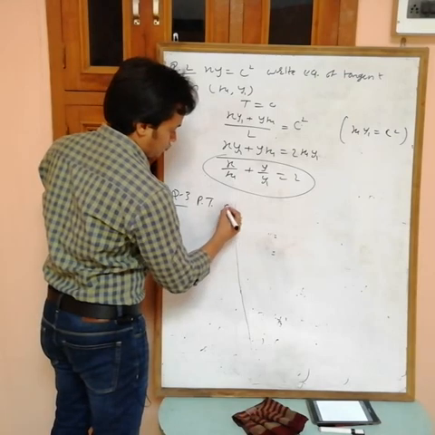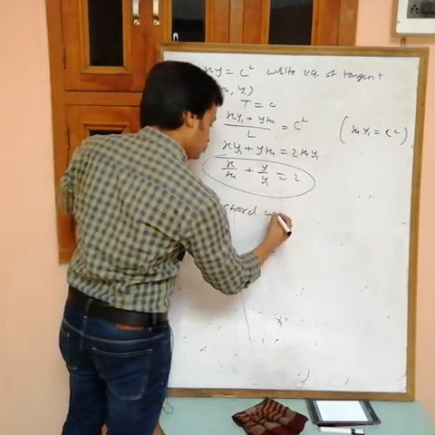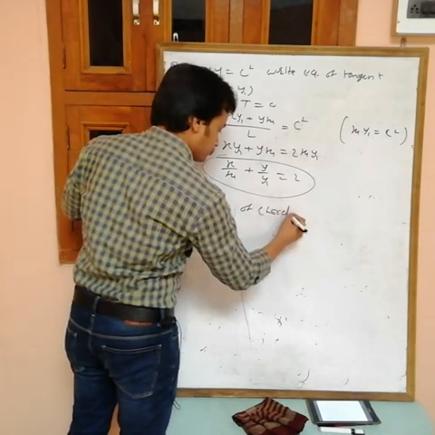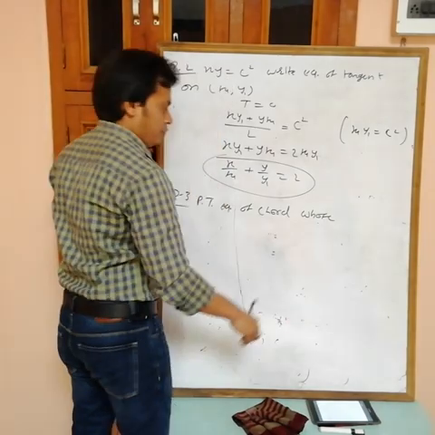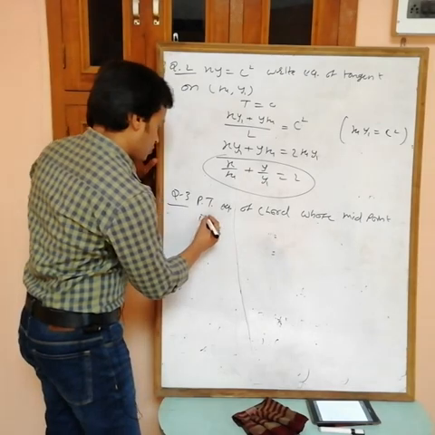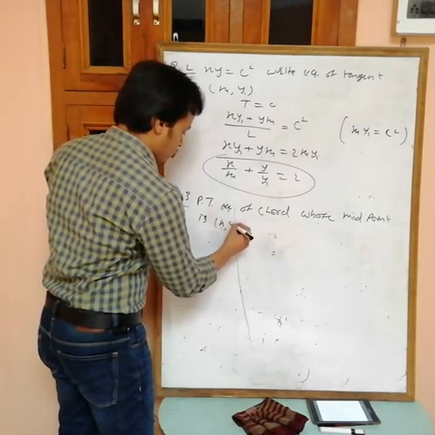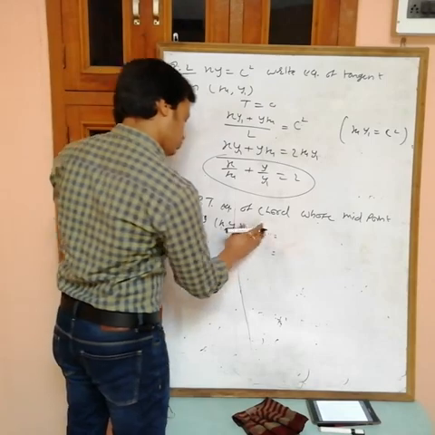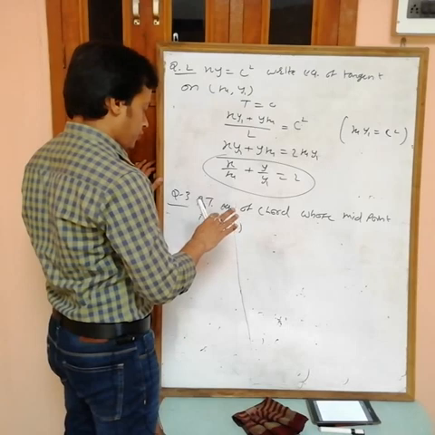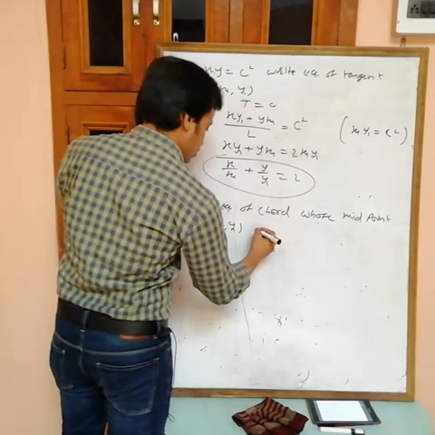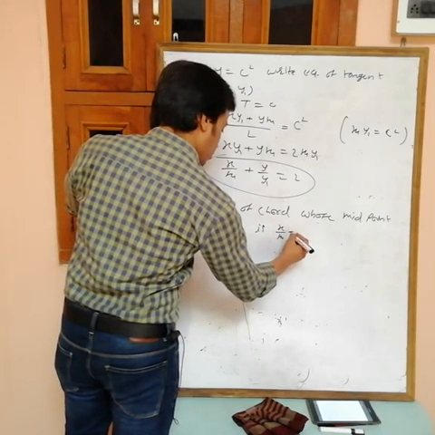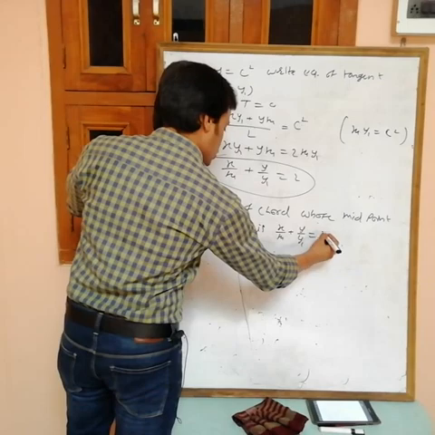Prove that the equation of the chord whose midpoint is x1 comma y1 is x by x1 plus y by y1 equals 2.